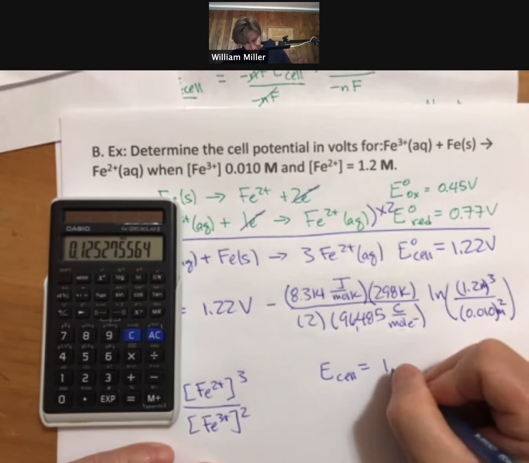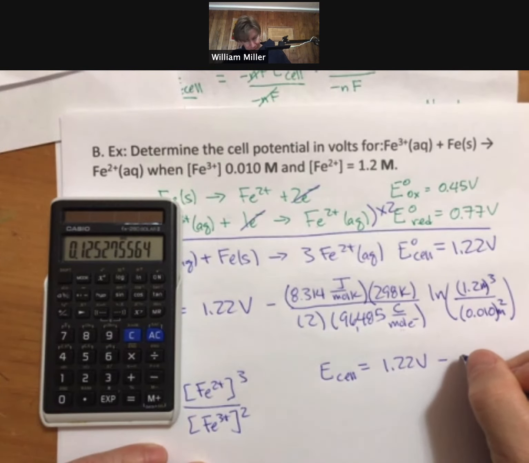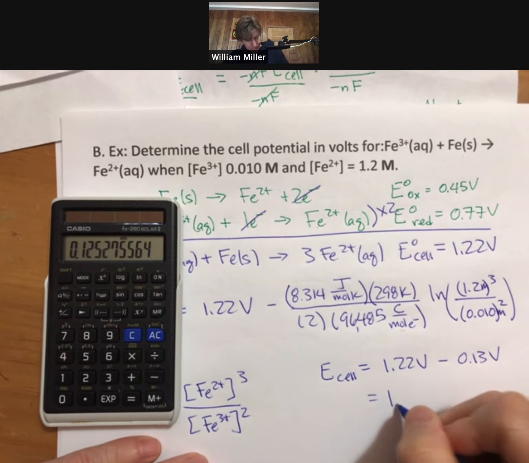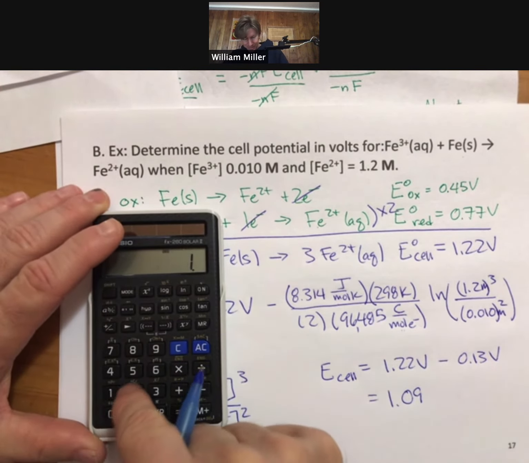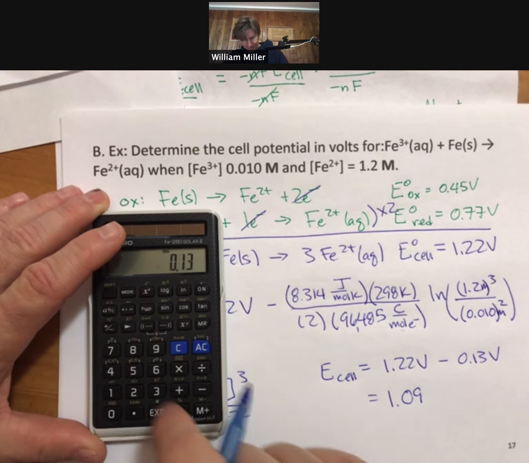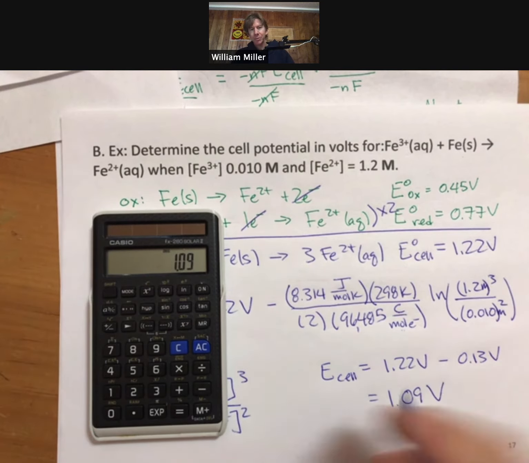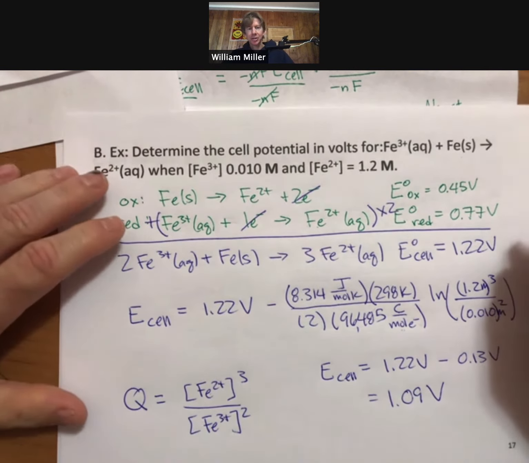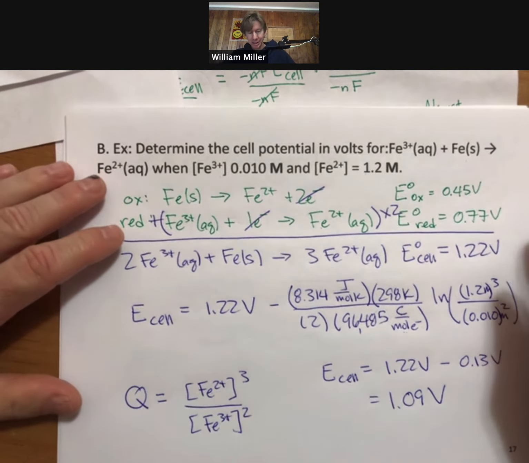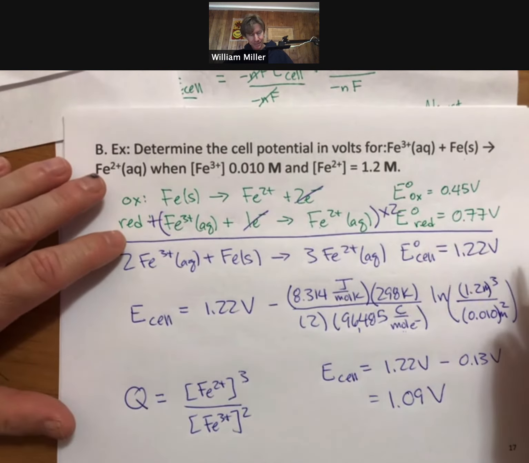This is going to be 1.22 volts minus 0.13 volts. Is that right? Good. 1.09 volts is our final answer for the cell potential under non-standard conditions given in this problem statement.